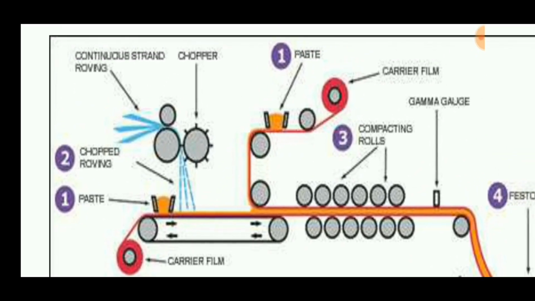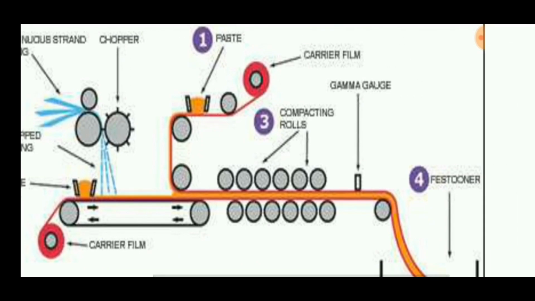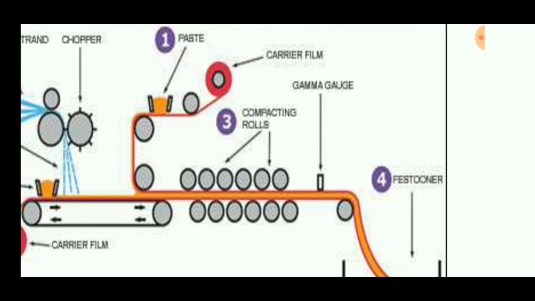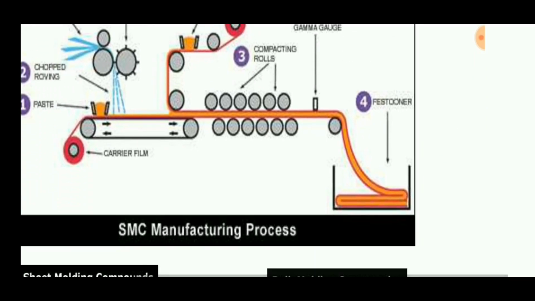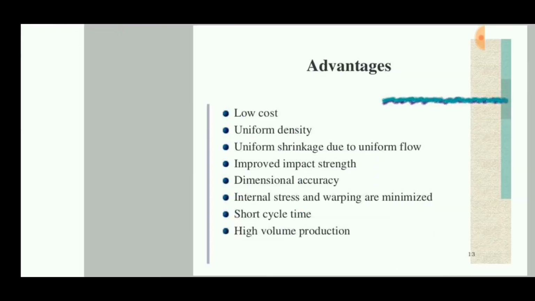Then a carrier film coated with the paste is applied over the top surface, so that the bottom and top both have a carrier film. Inside it contains the paste with chopped strands. Then it is compacted using compaction rollers. Then a gamma gauge is used to check this sheet molding compound. Finally it is collected in a container.